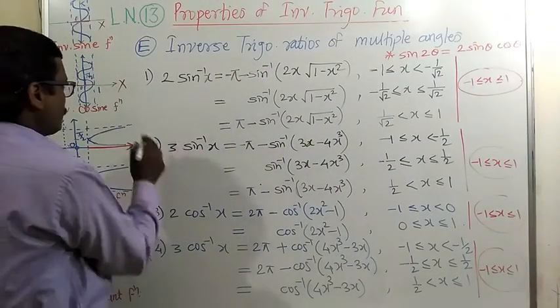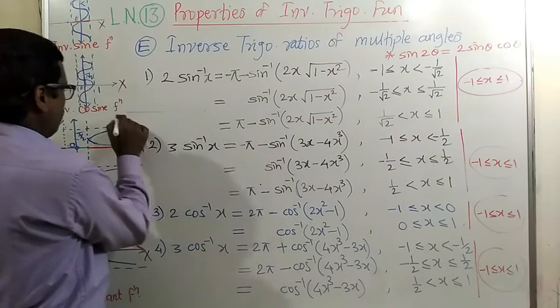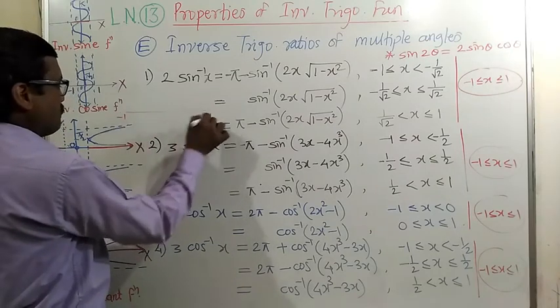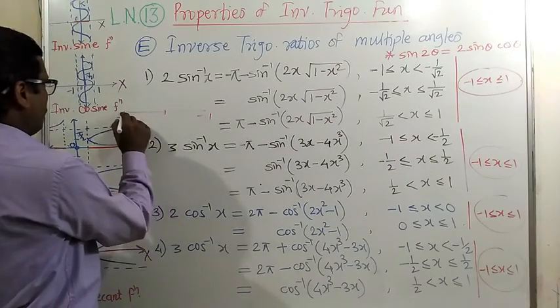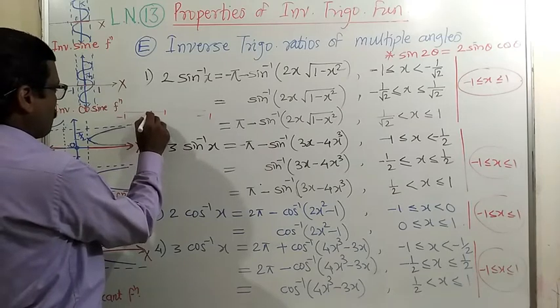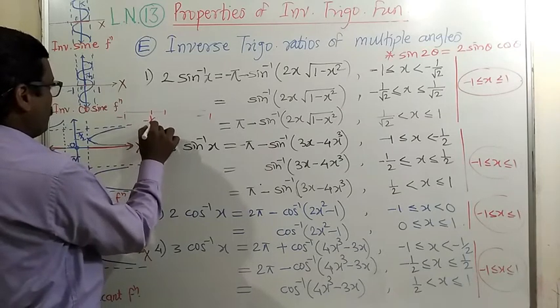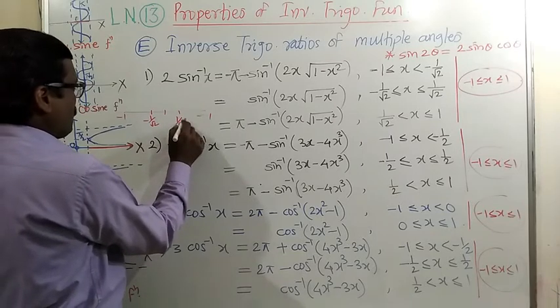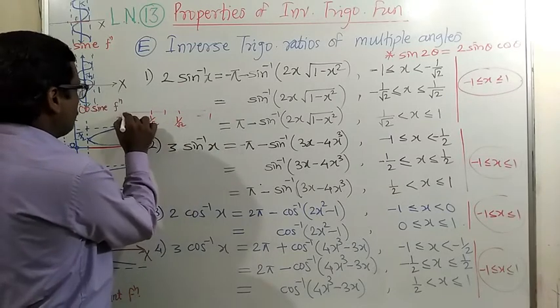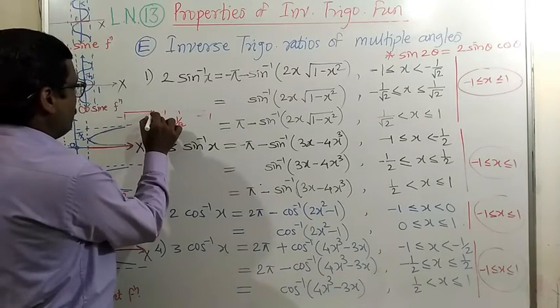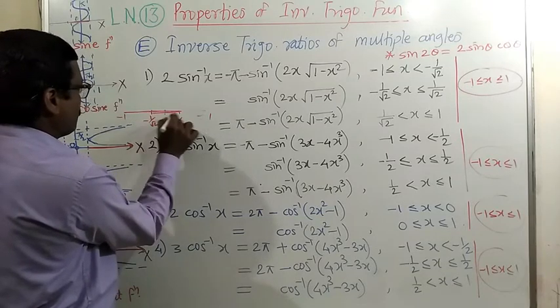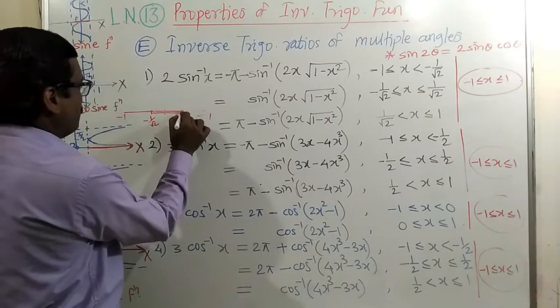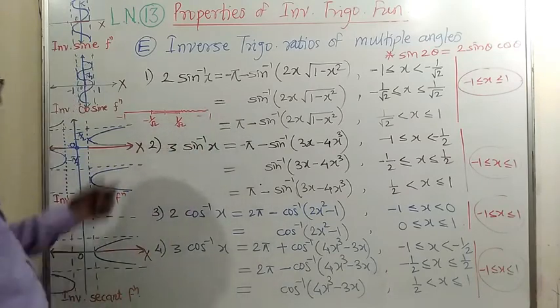Means that the negative portion of that interval is taken. Then -1 upon root 2 to +1 upon root 2, and then up to +1. So this is the first interval, this will be the second one, and this will be the third.